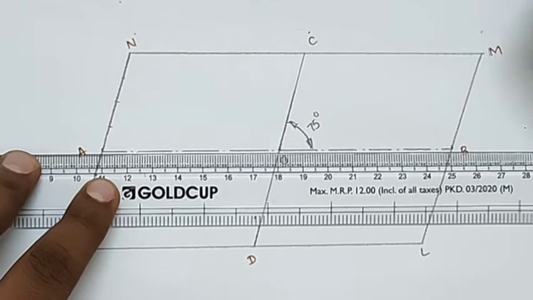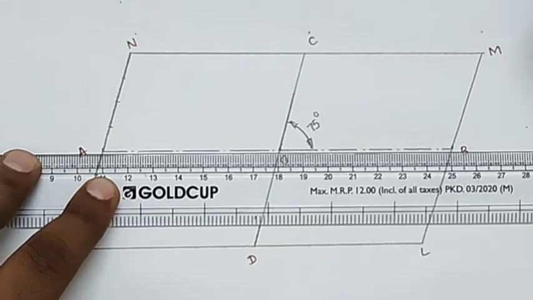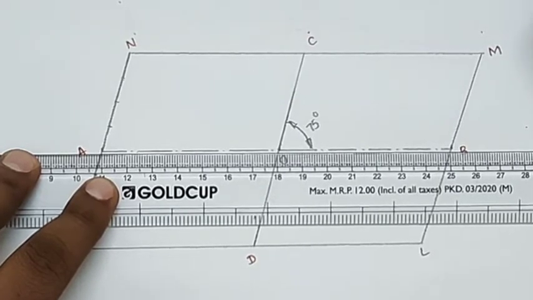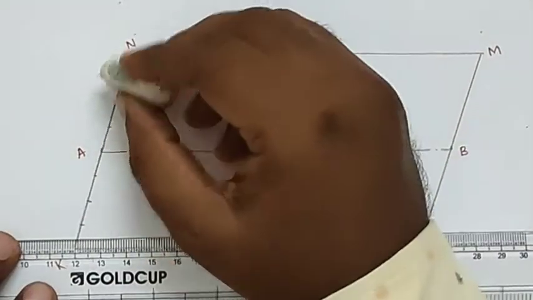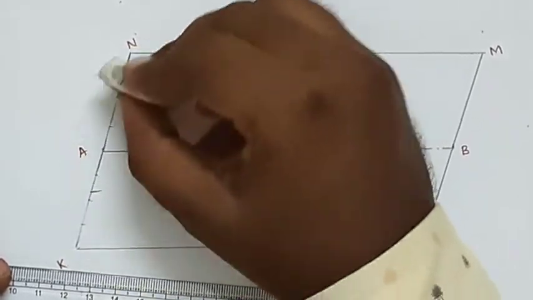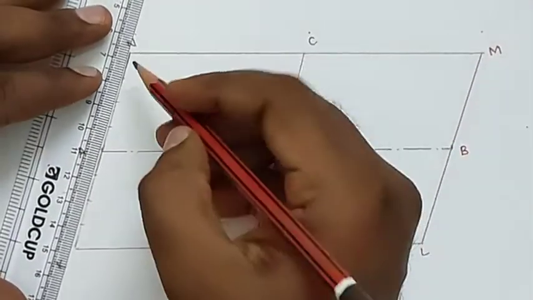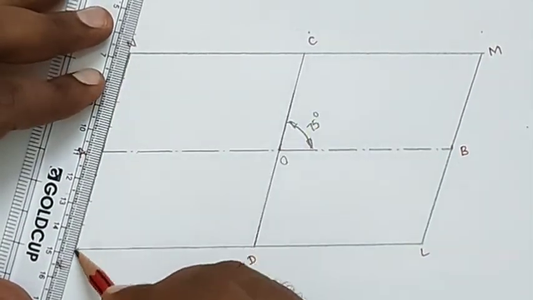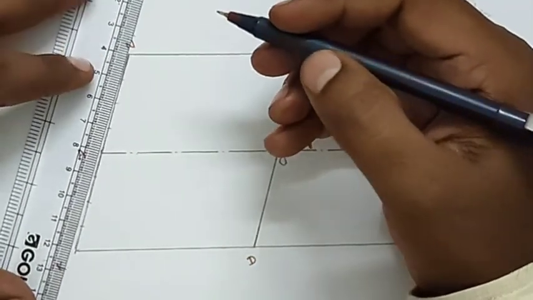So 70 divided by 4, we get a number that is not divisible. So I am dividing this AN line into 5 parts, taking each part as 8 mm.